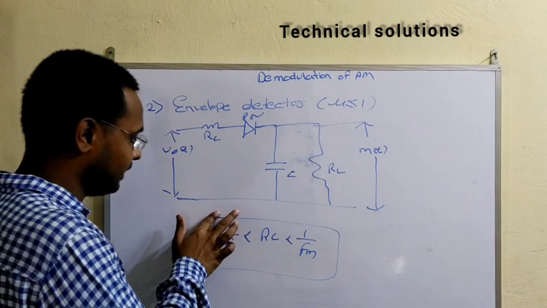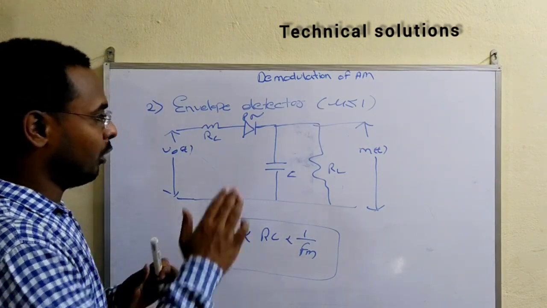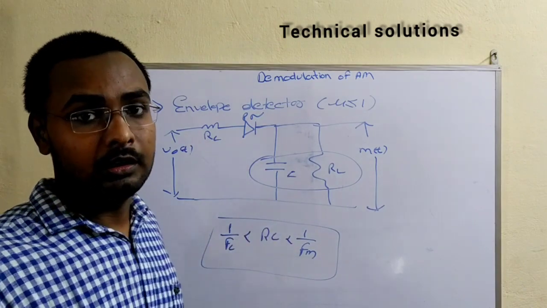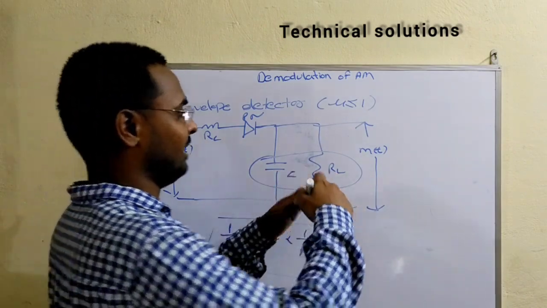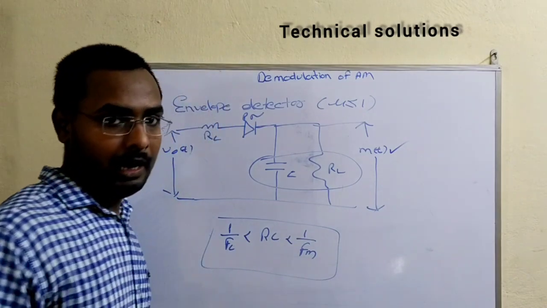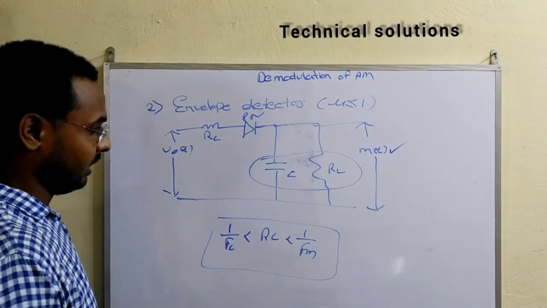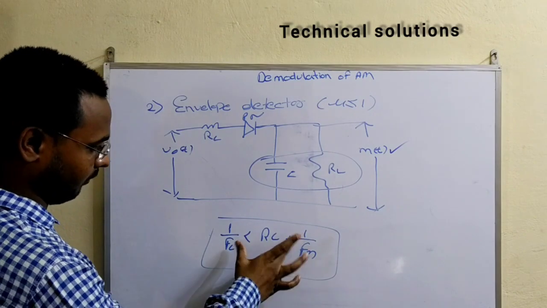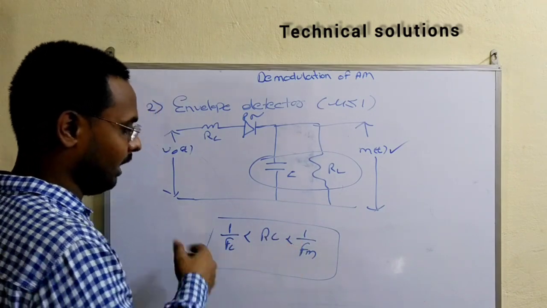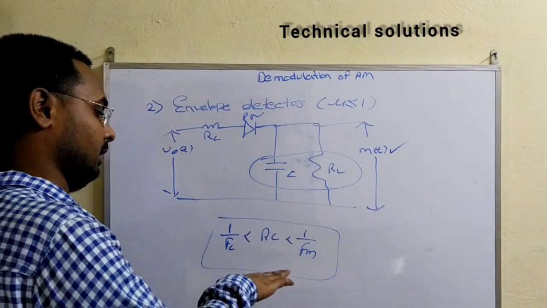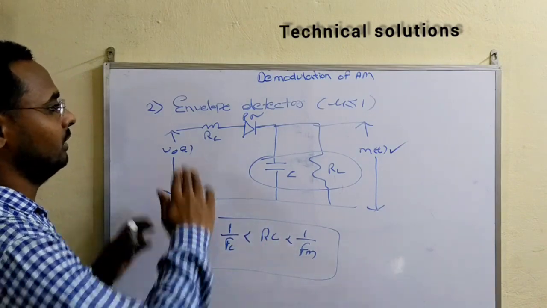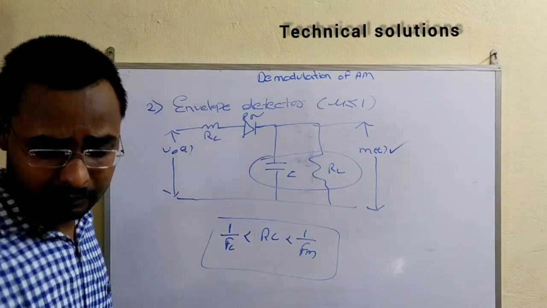The main thing in this method is the proper choice of RL and C to generate a much more accurate m(t), and the proper choice of R and C is this. The value of this lies between our carrier frequency and message frequency. Okay, so this is the complete idea about the envelope detector.